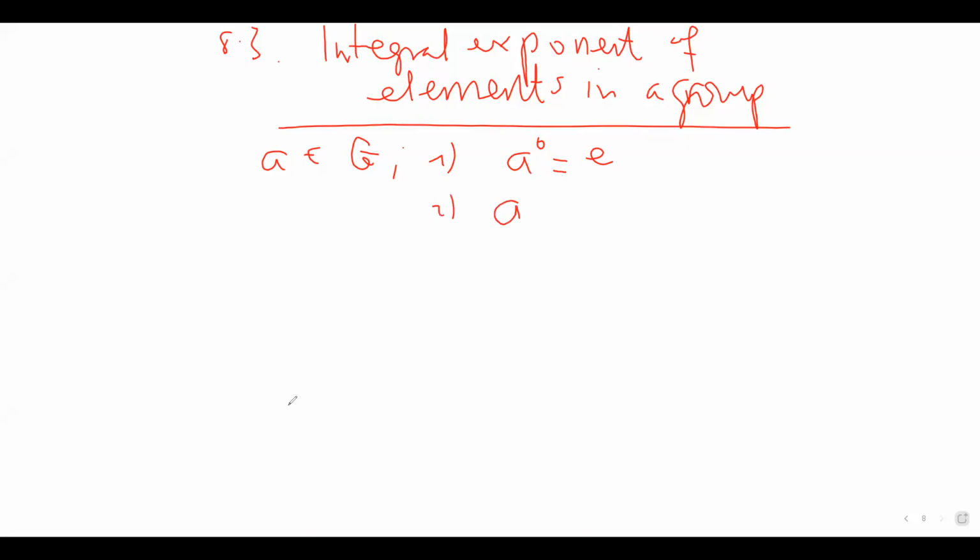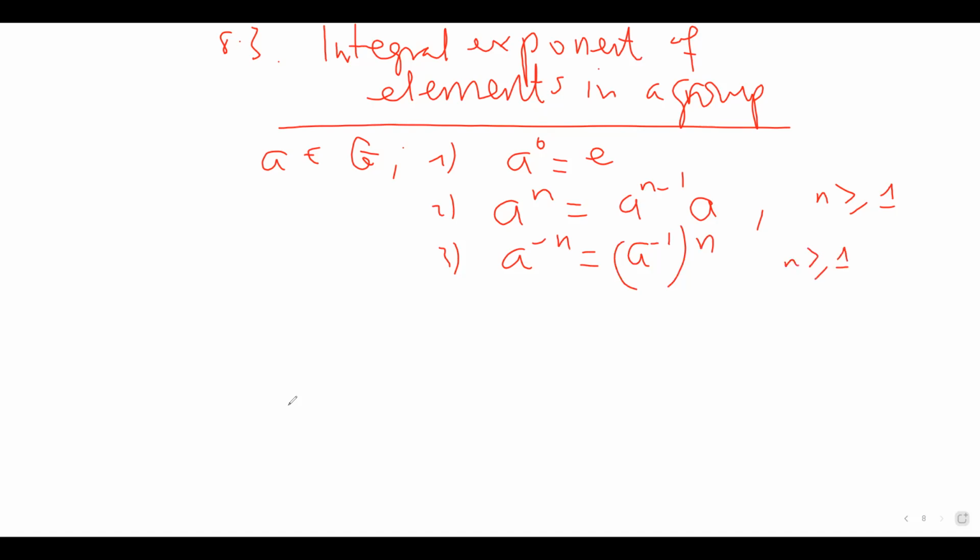Two, the n exponent is equal to the n minus 1 exponent times a, for n greater or equal to 1. And three, we can write a to the minus n as a inverse to the power n, also for all n greater or equal to 1.